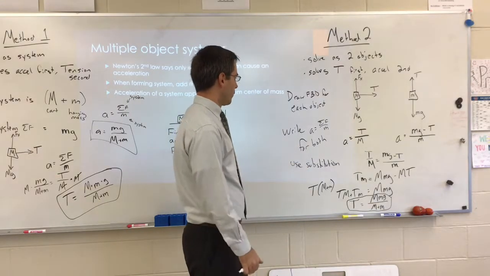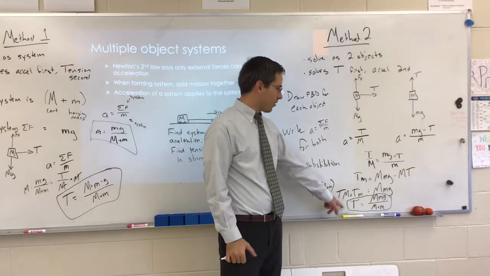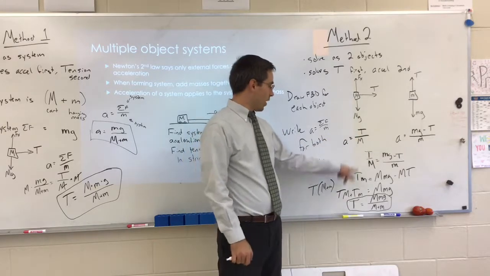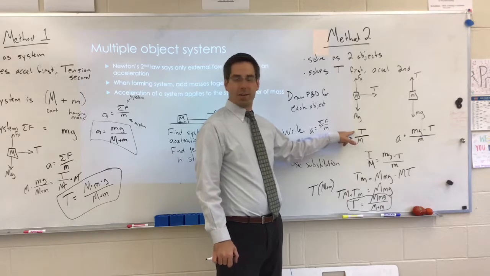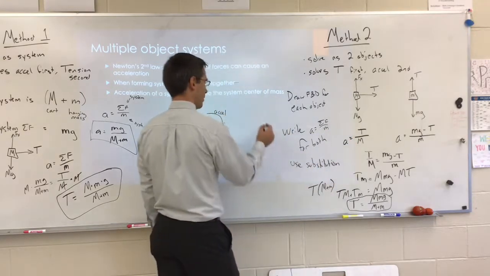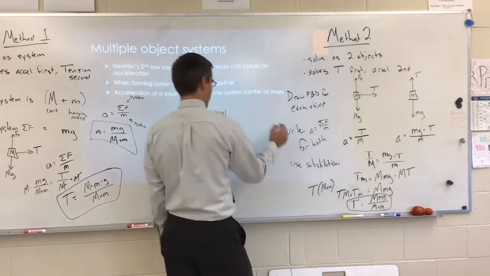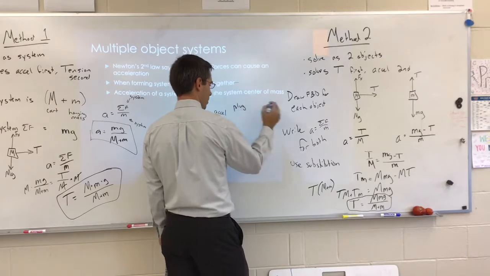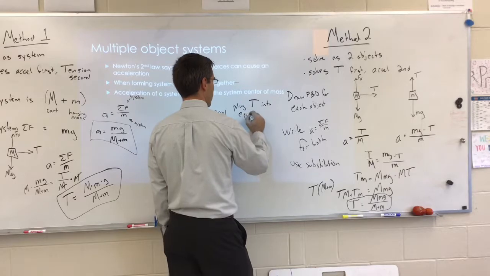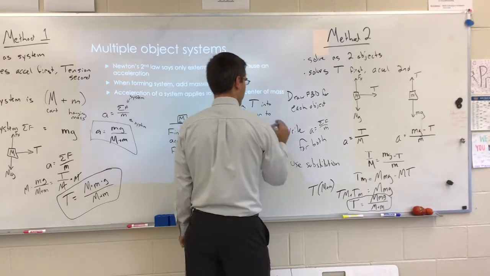From here, in order to get your acceleration, just take your tension and plug it back into one of your equations. I would recommend this one because this one is really easy, and I'm running out of room on the board here. Plug T into the equation to find acceleration.